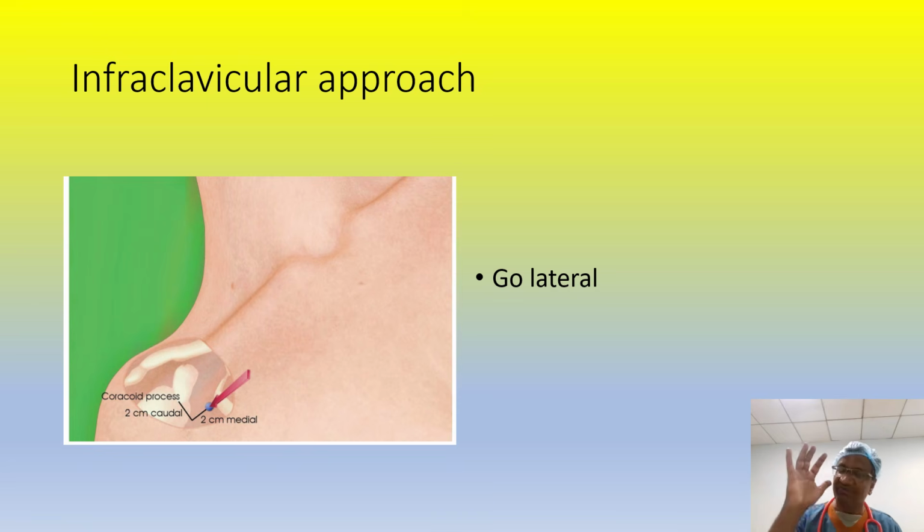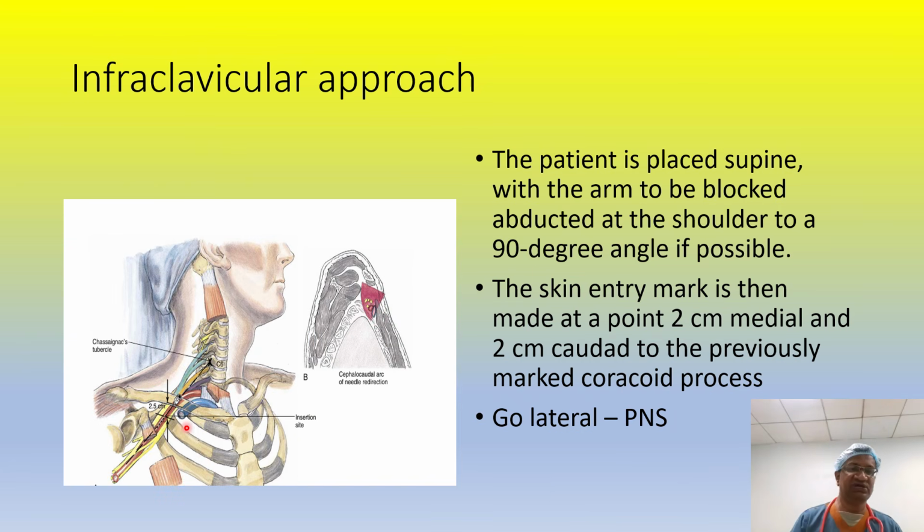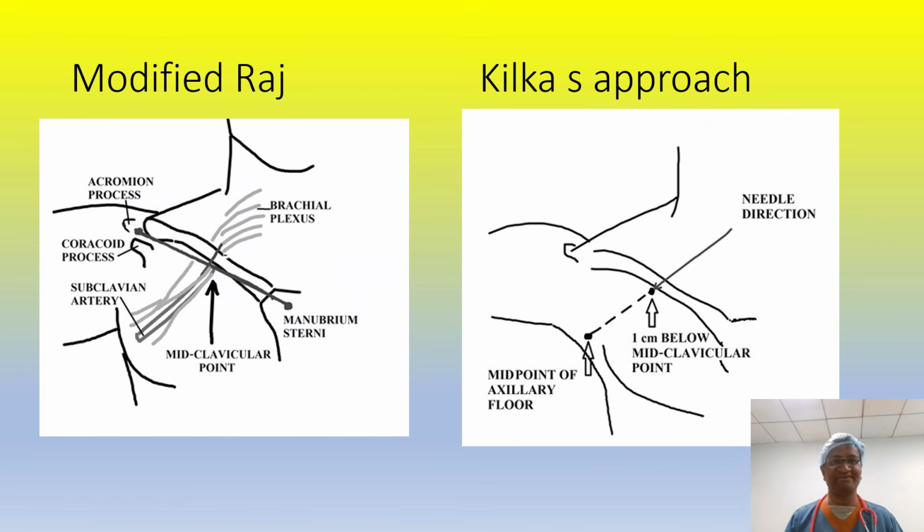You have to use a peripheral nerve stimulator; without that, it is not possible to do the infraclavicular approach. Now you can see the patient is placed supine, the skin entry mark is there, go lateral. This is the classical infraclavicular approach.